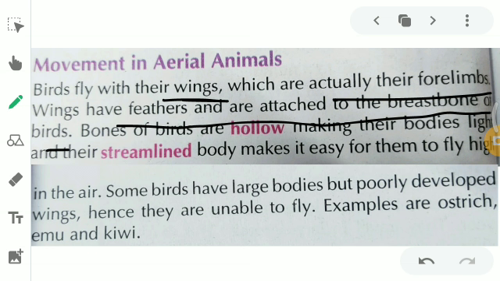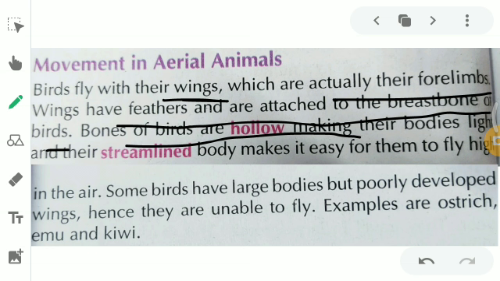And there are other special structures in birds to fly in the air. The bones of birds are hollow. Hollow means there is no matter in the bones, they are just filled with air. So that helps to make the body lightweight. That lightweight body helps to fly in the air. Suppose you take our bones.